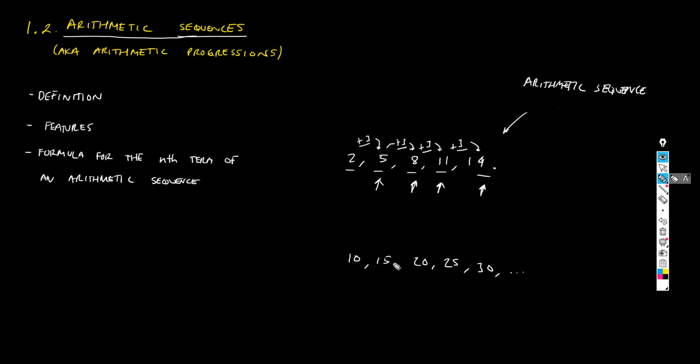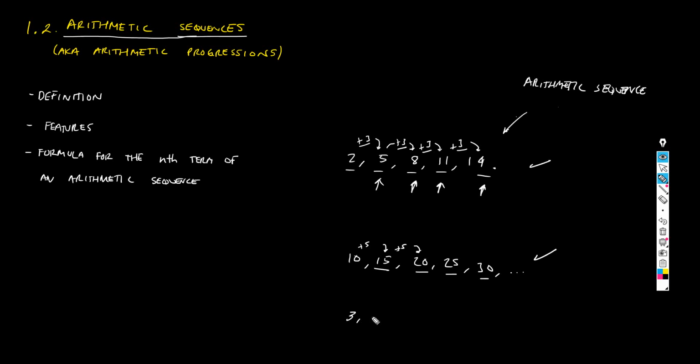Well, if this is an arithmetic sequence, it must have this property. Each new term in the sequence must be the previous one plus a specific constant. So what constant should that be in this case? It's going to be 5, right? It's very simple to see. 10 plus 5 is 15, 15 plus 5 is 20, and so on. Okay, so this is also an arithmetic sequence.